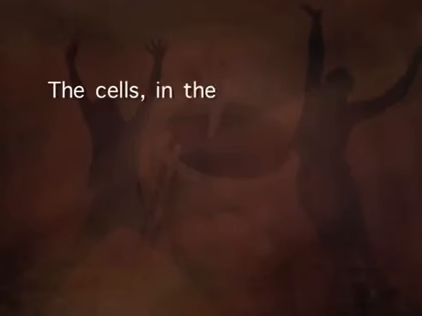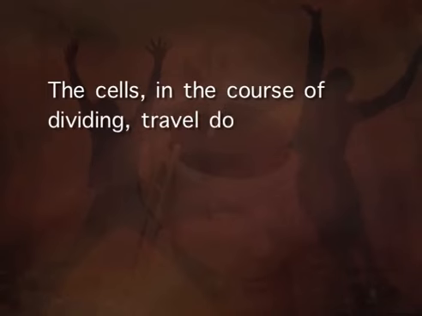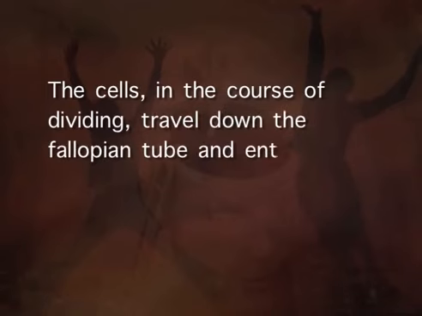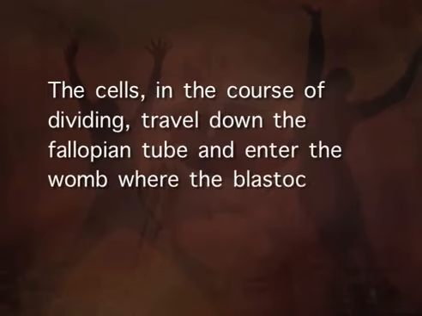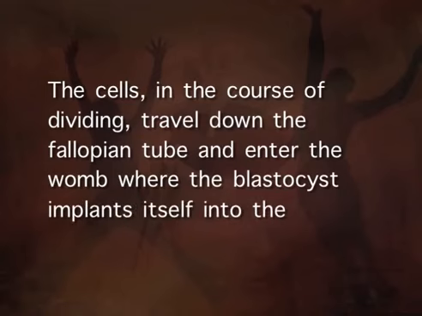The cells, in the course of dividing, travel down the fallopian tube and enter the womb, where the blastocyst implants itself into the wall of the uterus. This happens about 5 to 6 days after fertilization.